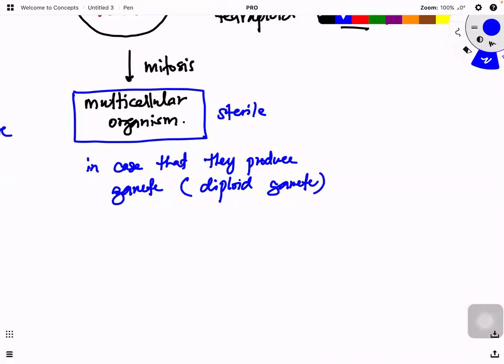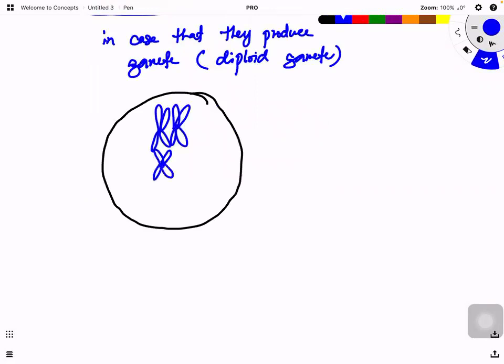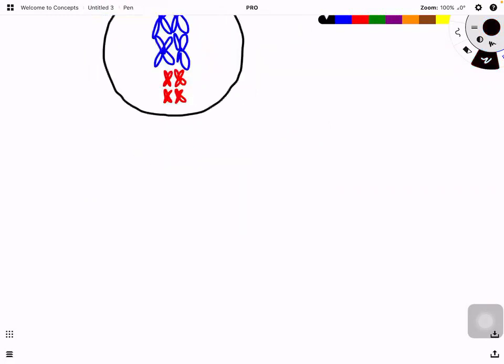They will still produce a diploid gamete. What I mean here is, look at this. Sometimes suddenly they are so clever: blue chromosome, red chromosome. So it's very, very rare. In this case, what will happen if you complete the meiosis?